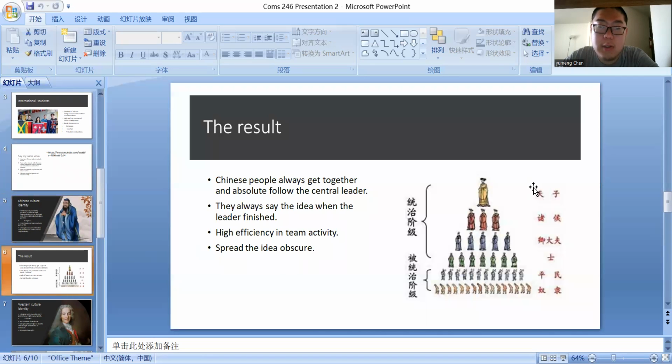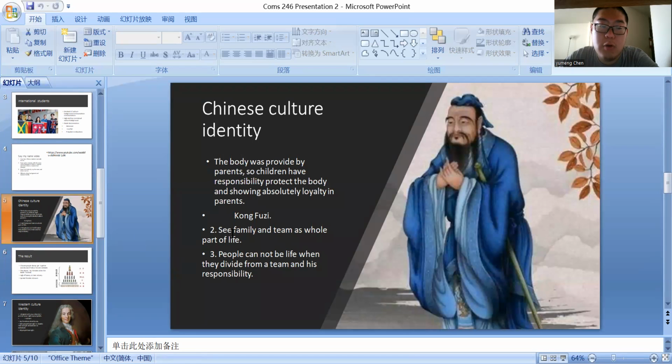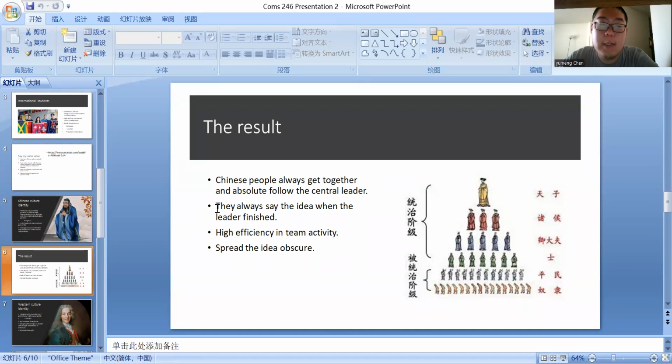As a result, the Chinese social structure looks like this. Chinese people always get together and absolutely follow the central leader. Just like this picture shows, they see the family and team as a whole part of life. It's forever. And they always keep quiet until the central leader has finished saying his ideas.